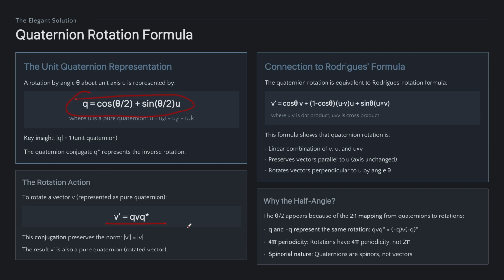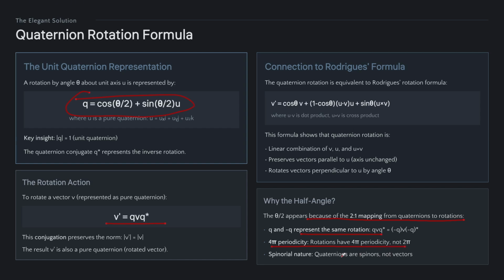Why the half angle? Because quaternions provide a 2 to 1 mapping to rotations: q and minus q represent the same rotation. This reflects the 4 pi periodicity of spinors.